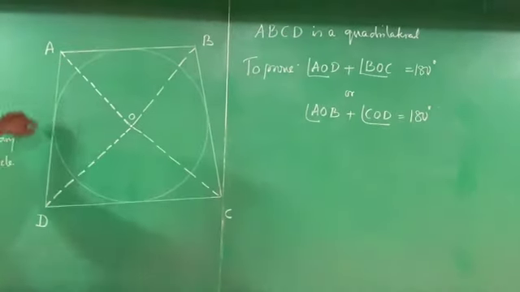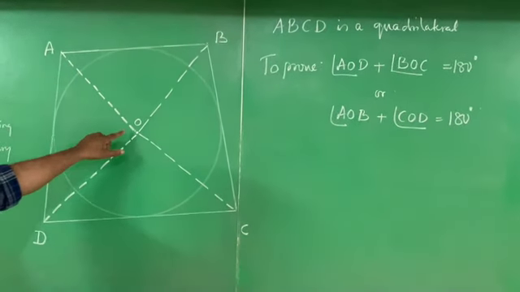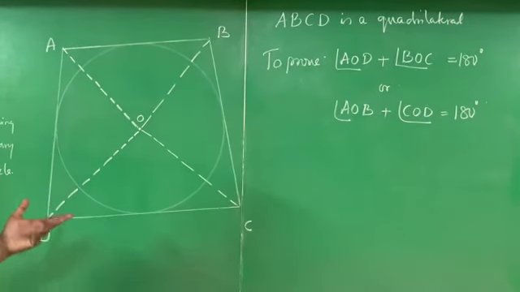For a quadrilateral circumscribing a circle, the opposite sides form supplementary angles at the center. How to prove this?